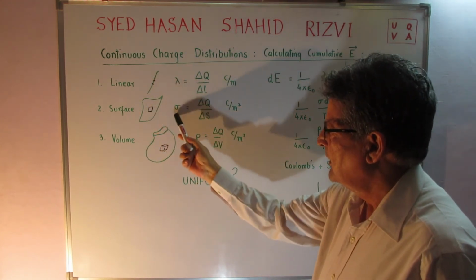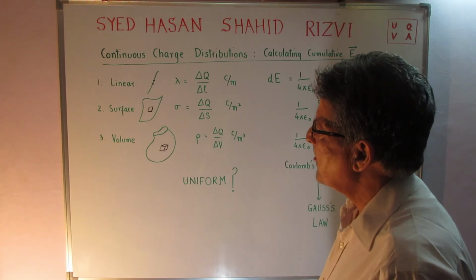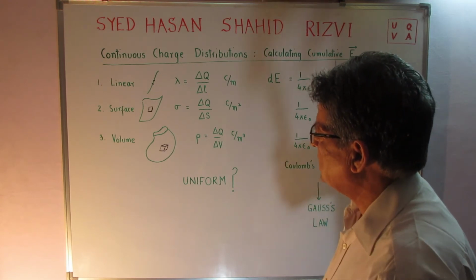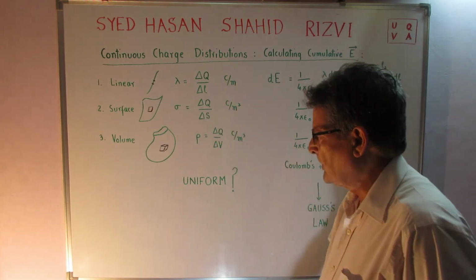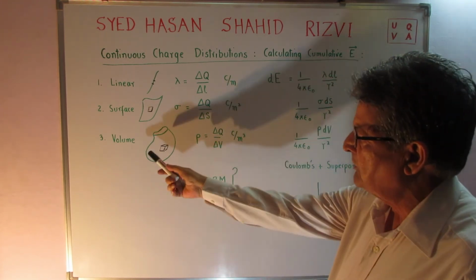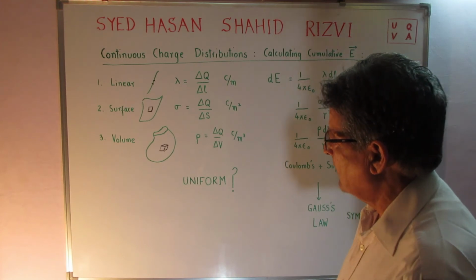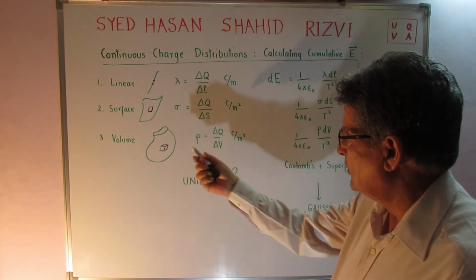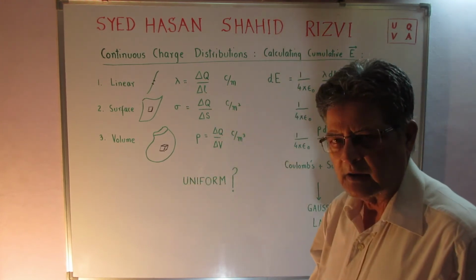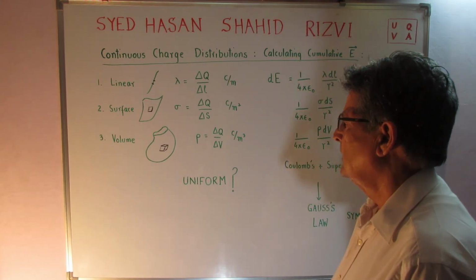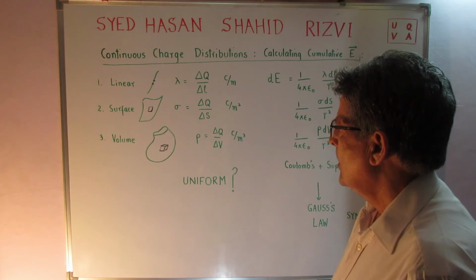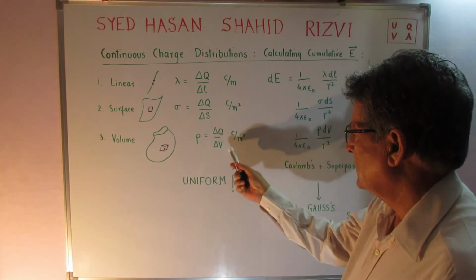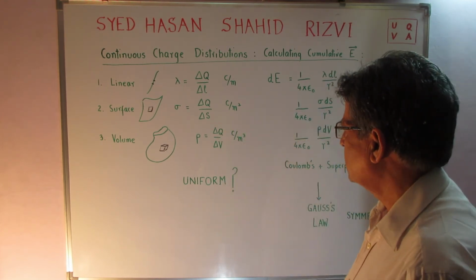Surface, which is sigma, the charge density delta Q upon delta S, coulomb per meter square. In the case of the volumes, small volume elements delta V are taken, and the volume density of the charge is taken as rho, delta Q upon delta V, coulomb per meter cube.